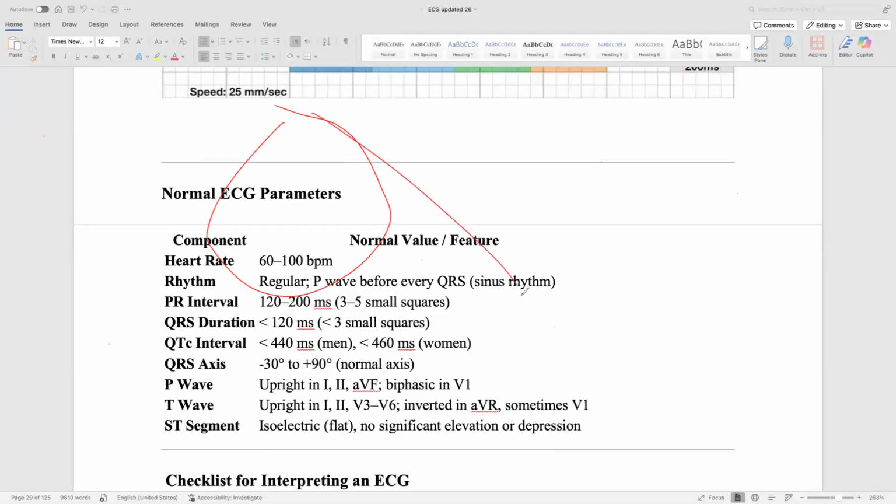What is the science of the electricity that generates the short interval? Accessory pathway. Because there is an accessory pathway, there is more electrical activity. This is the SA node, this is the AV node.